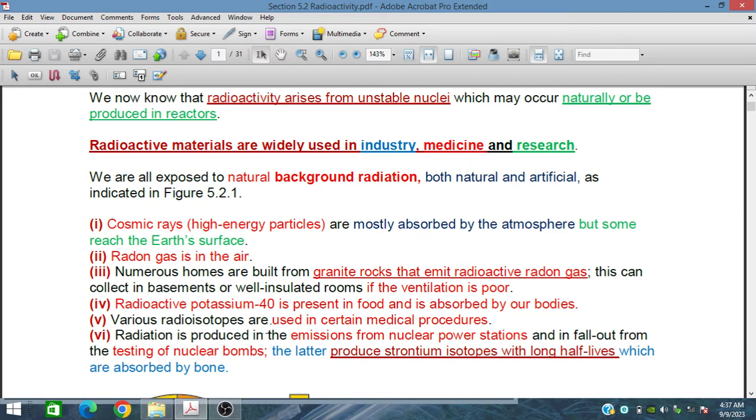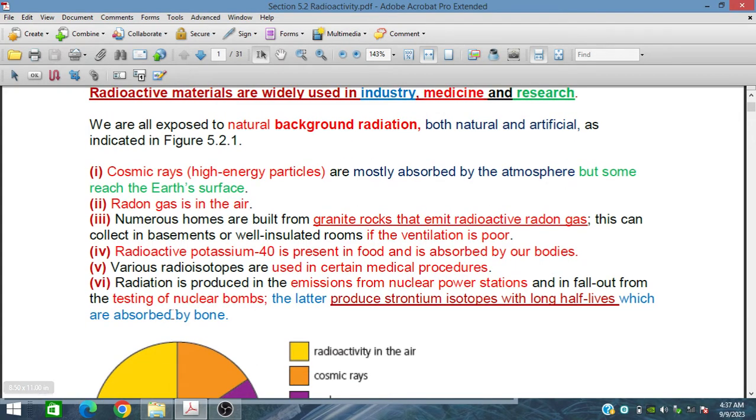Various radioisotopes are used in certain medical procedures. Radiation is produced in the emission from nuclear power stations. So in the nuclear power reactor, these radiations are produced, and in fallout from the testing of nuclear bombs, which produces strontium isotopes with long half-lives, which are absorbed by the bone.